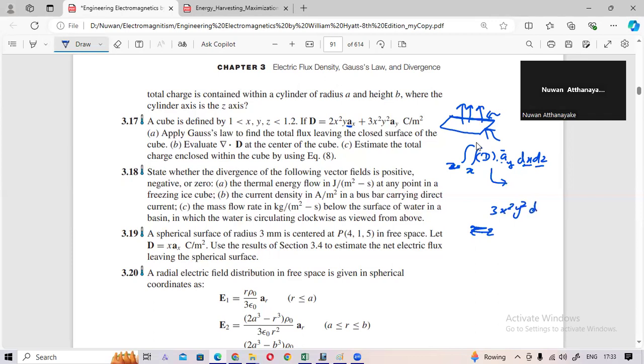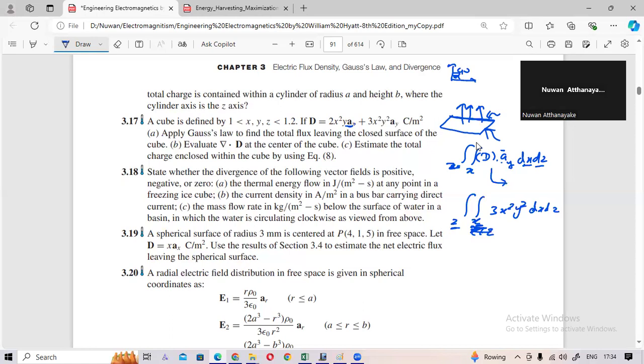You have to do dx dz using the z and x limits. But this other part will cancel out because ax dot ay is equal to 0, since it has a 90-degree angle.